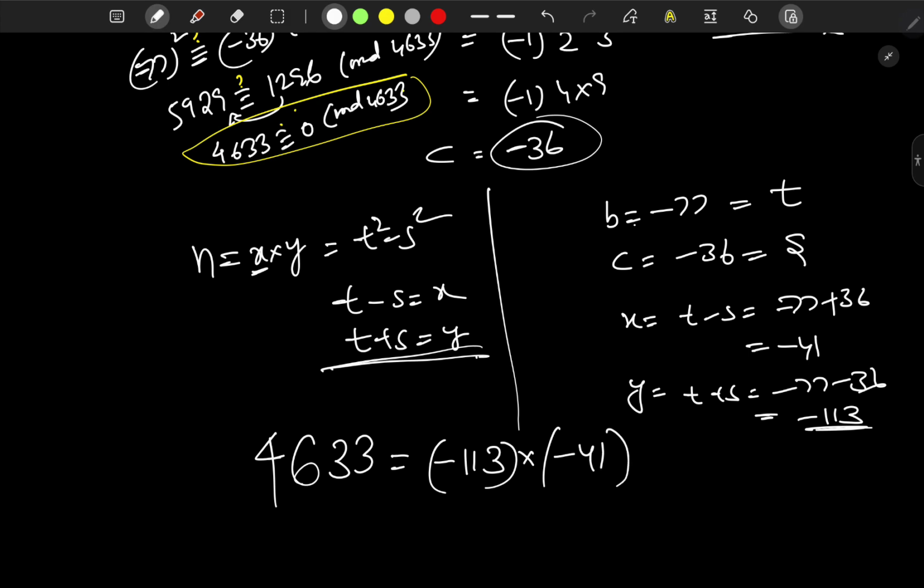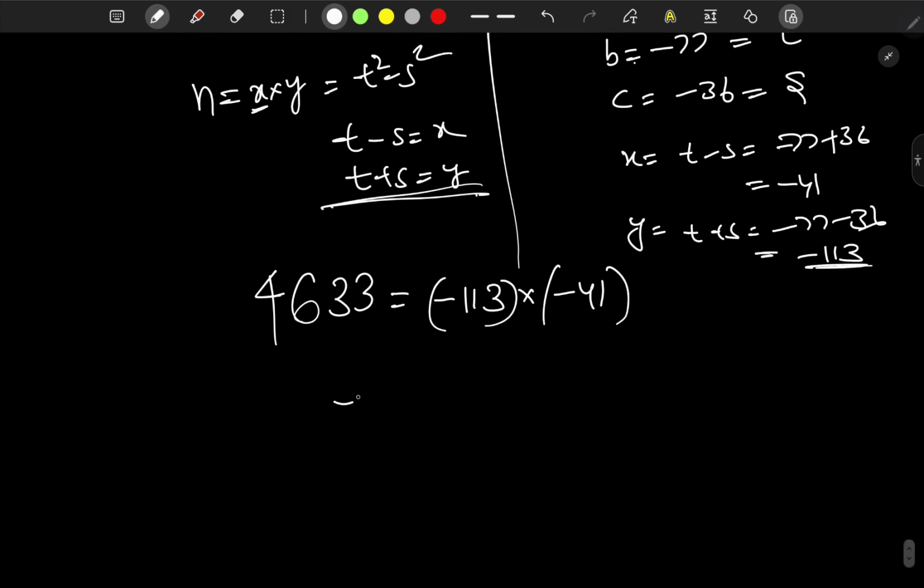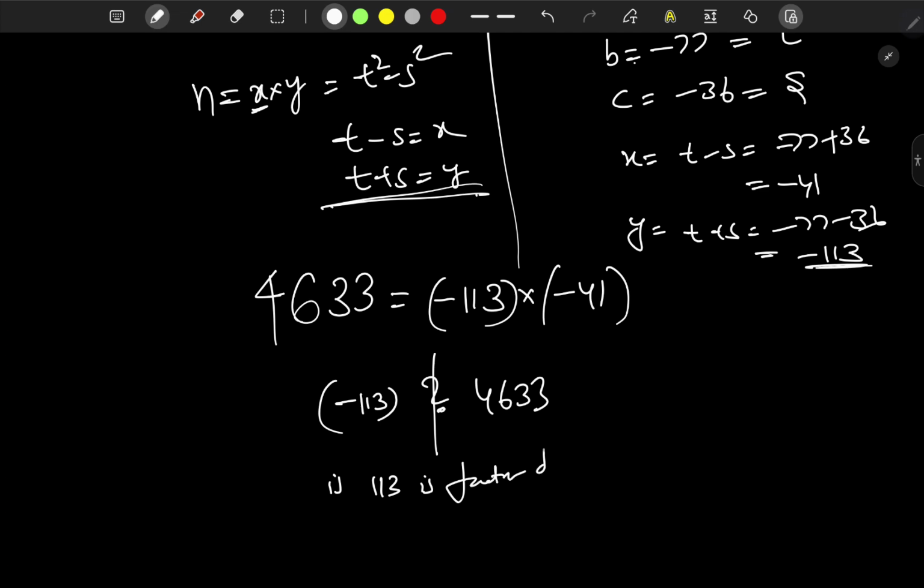Now just for fun, check whether it is true or not. Is 113 a factor of 4633 or not? How to check? Just divide 4633 by 113.